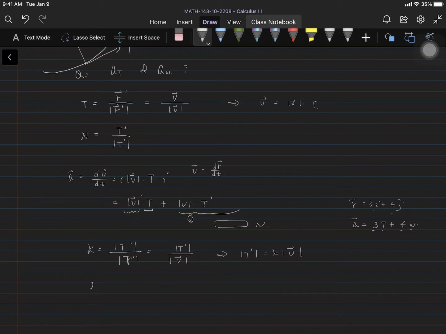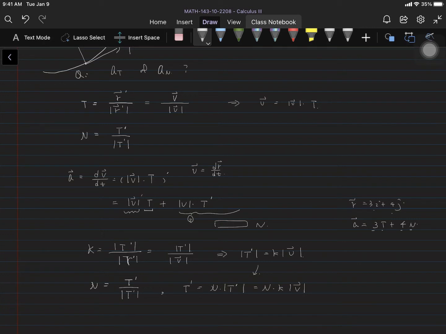Let's write down the N vector. N vector is T prime over T prime length because it is a unit vector. So T prime equals the N vector times the T prime length, and the T prime length is here. So T prime equals N times curvature times the v length.